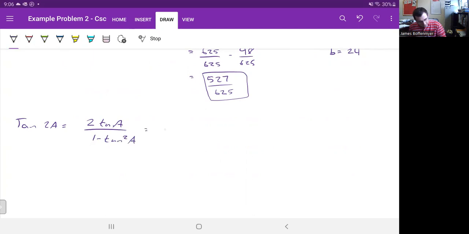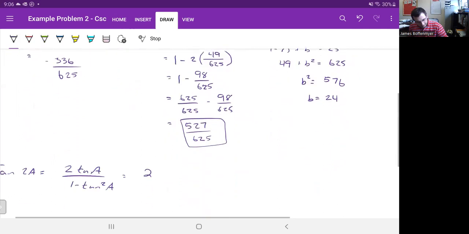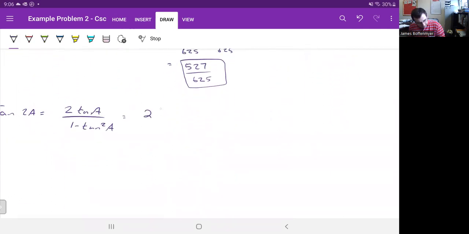So that would be 2 times the tangent of our angle, which is negative 7 over 24, over 1 minus tangent squared of a. Our tangent value is already negative 7 over 24. We just got to square it.